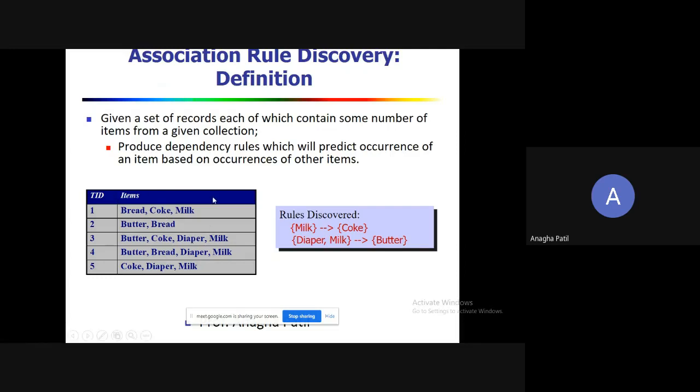Now, based on this, the rule discovered is that milk determines coke. They are trying to indicate that whenever milk is bought, there is a possibility that coke will also be bought, because the transactions show an association between milk and coke.